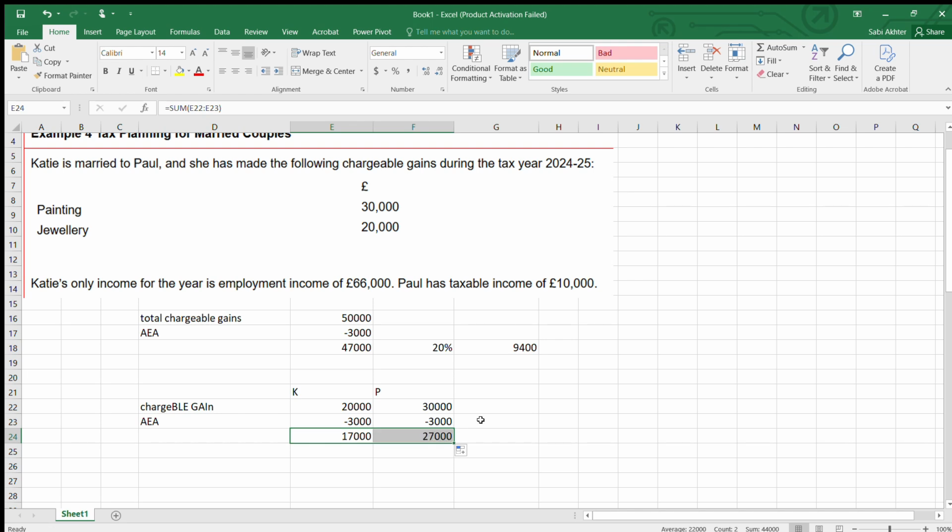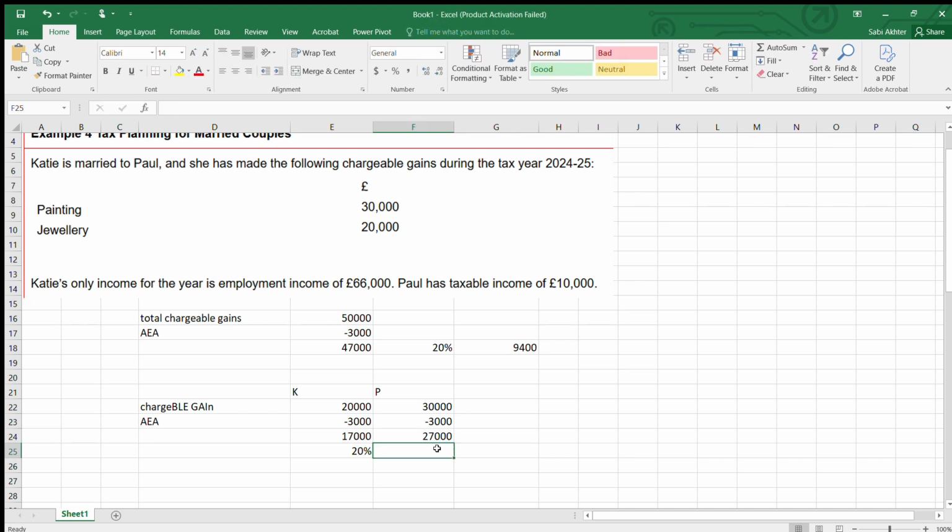17 and 27. So because she is a higher rate, still 17,000. If you look at the employment is 66, she'd be paying at 20%. And here, see 27, she has a taxable income of 10,000, right?